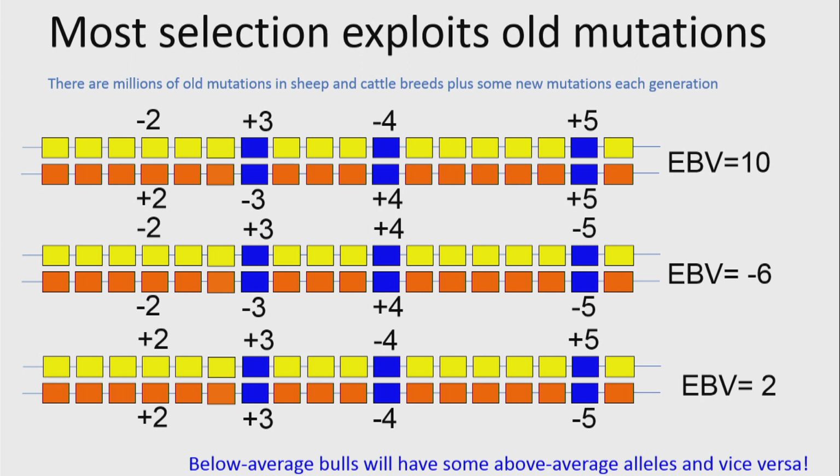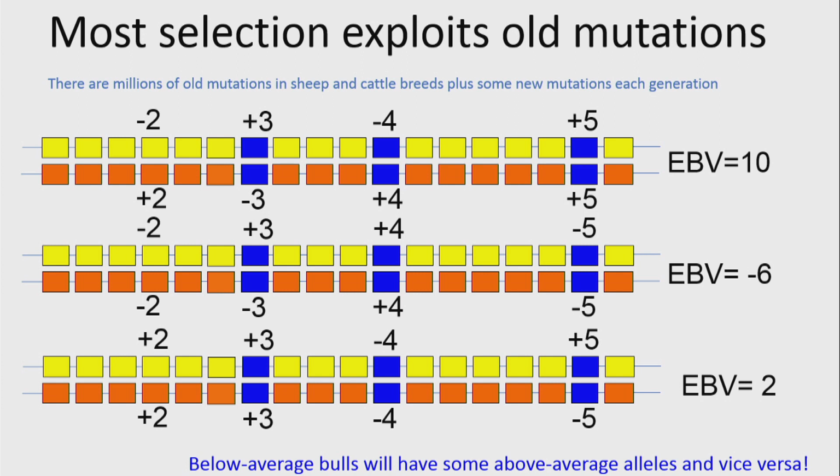So one of the things you'll notice is that on one of those strands of chromosome, we've got some positive effects and we've got some negative effects due to those mutations. Most of those mutations are very, very ancient. But there are also new mutations that occur every time a chromosome is copied. And there's roughly one of those that occurs on every chromosome, every meiosis.